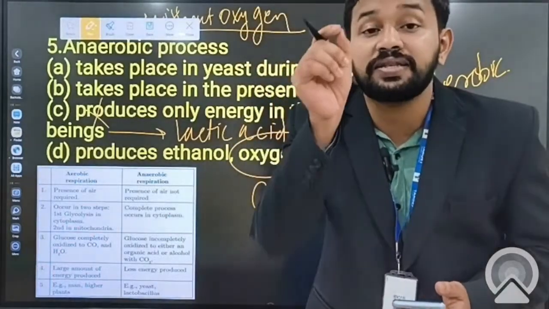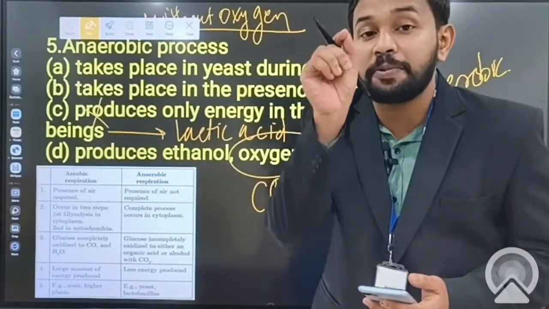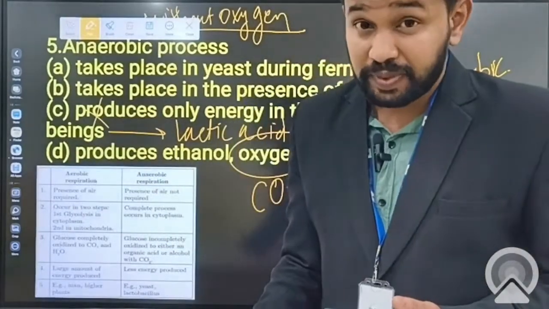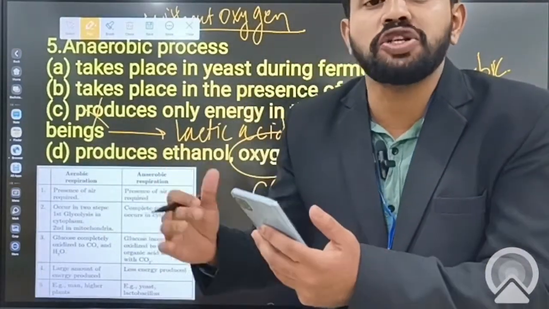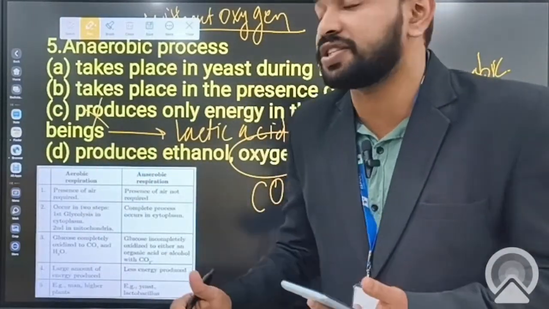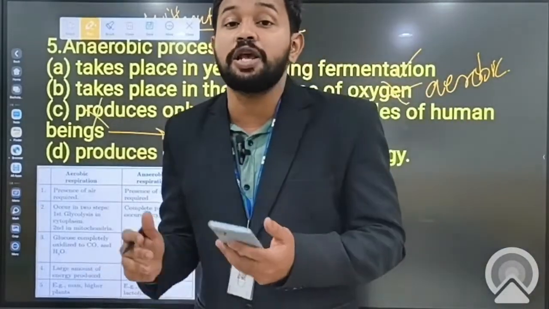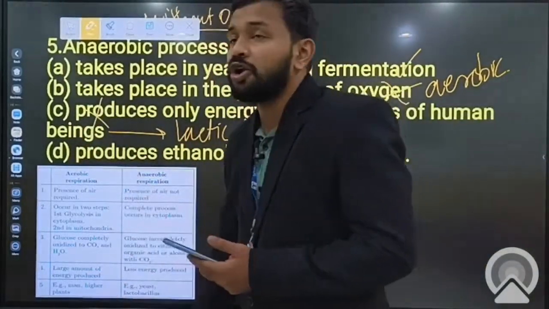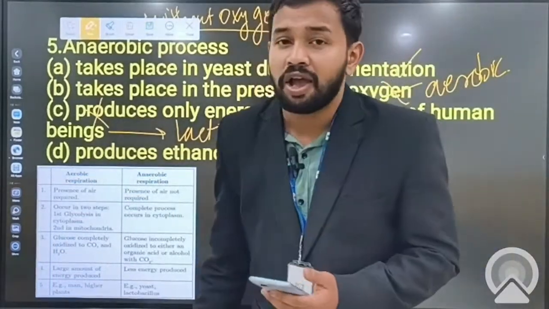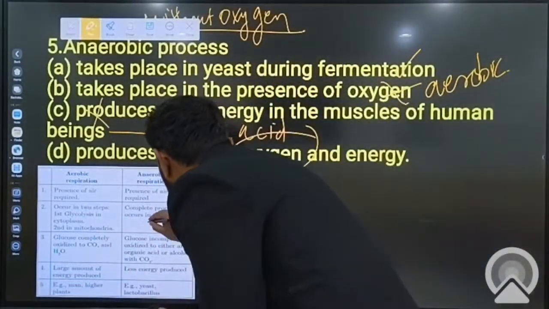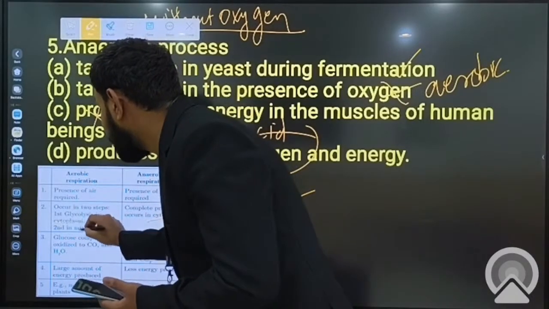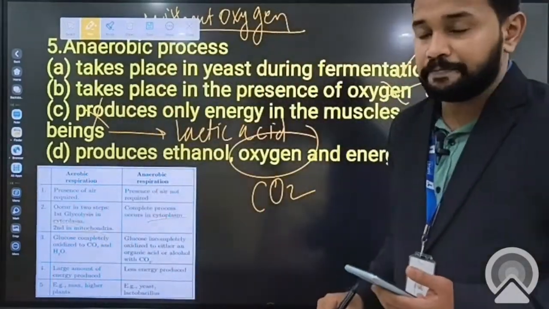The first one is glycolysis, which takes place in the cytoplasm of the cell. Then the second one, several sequences of reactions take place in the mitochondria and finally produce a large amount of energy. In anaerobic respiration, it takes place only in the cytoplasm. What about aerobic respiration? The cytoplasm and mitochondria.